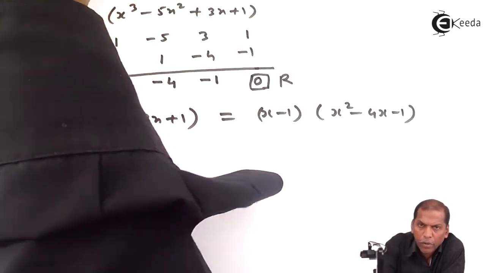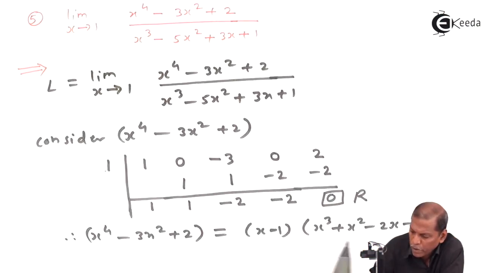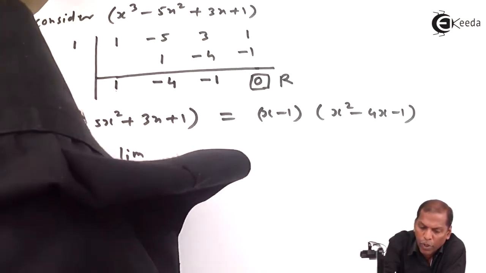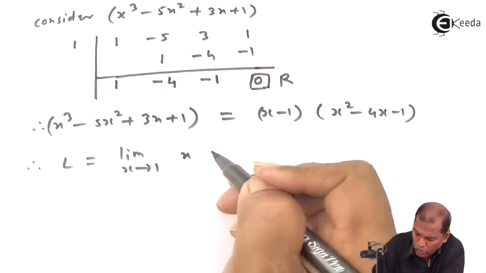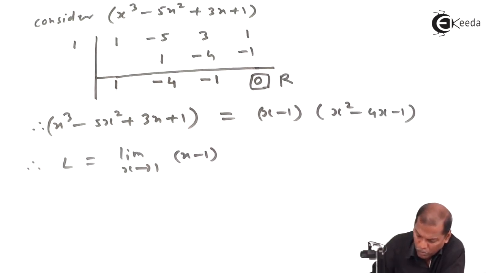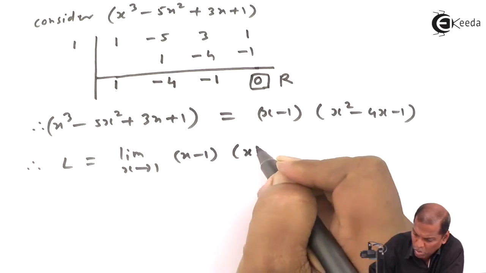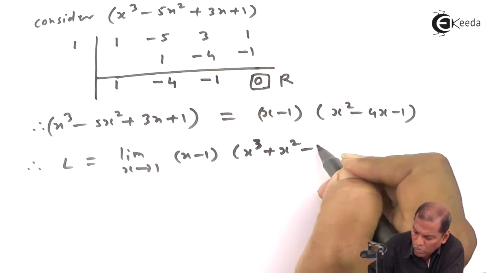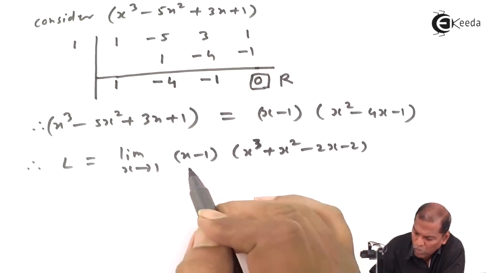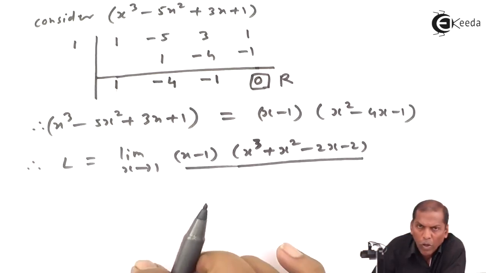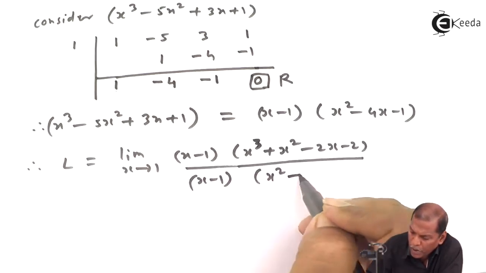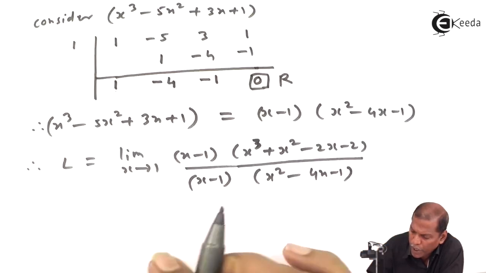For the numerator, we write the factors x minus 1, x cube plus x square minus 2x minus 2. And in the denominator, we write x minus 1, x square minus 4x minus 1.